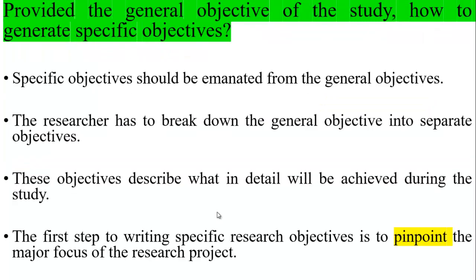Having provided the general objective of the study, we then generate specific objectives. The general objective is a direct copy of the topic itself, and the specific objectives are the sub-objectives, like a subtopic within the topic, or sub-objectives from the general objective.